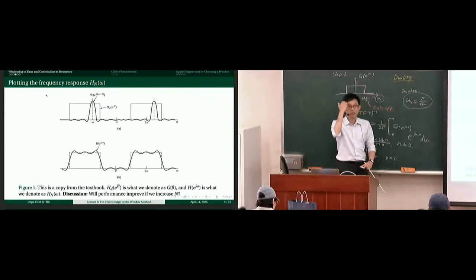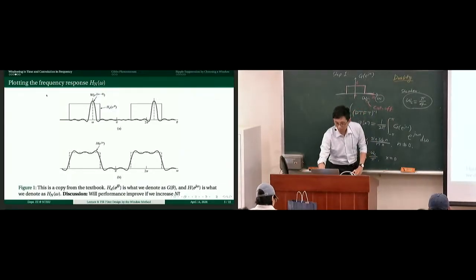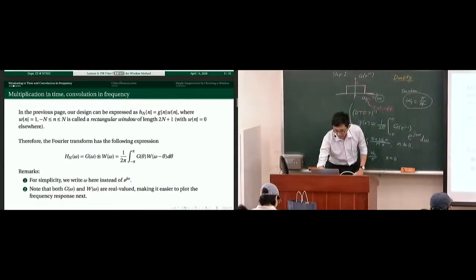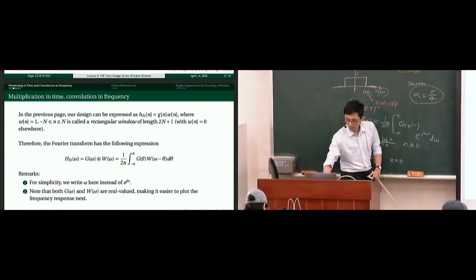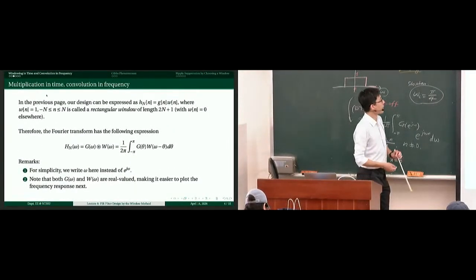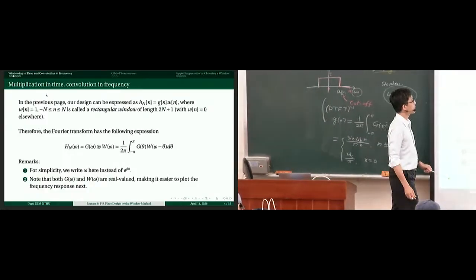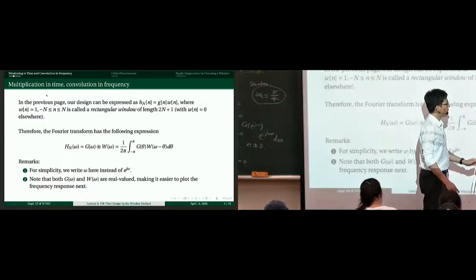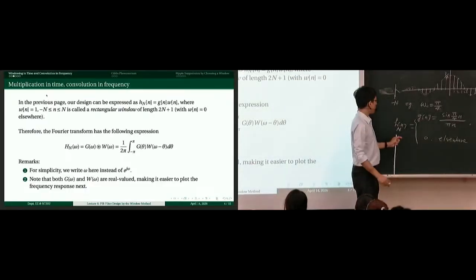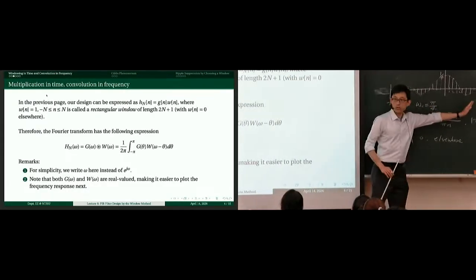Now hide the picture, keep it in your brain, and we will go back one slide to explain the mathematics. The mathematics is that H, the result, denotes the truncation.